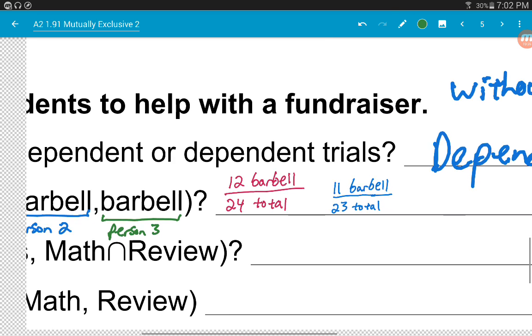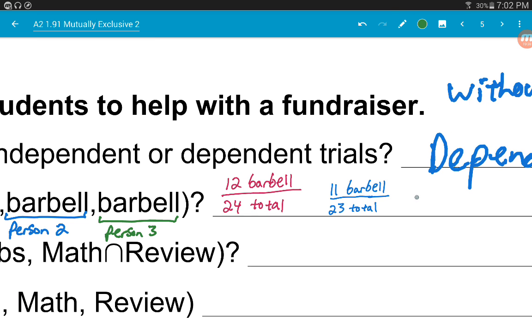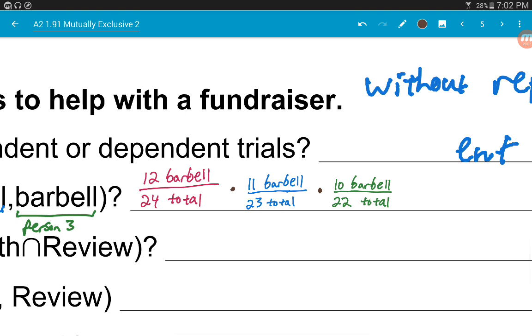Now lastly, if I pick a third person, I know that I should have 22 total left in the room. Dependent, get out of my way. And how many of those people in the room are from barbell club? Well, I had 12. I took one out. I took another one out. So I should have 10 left. And then because I'm doing multiple trials always means I'm going to be multiplying. And good luck with that.